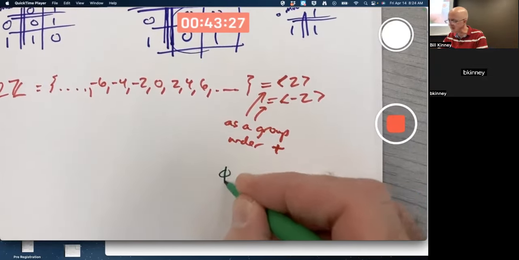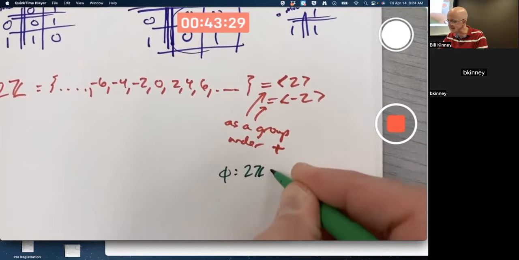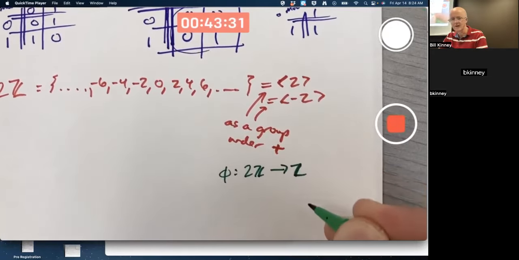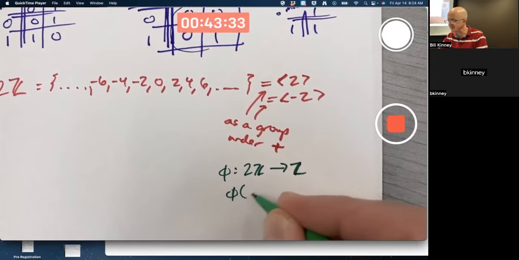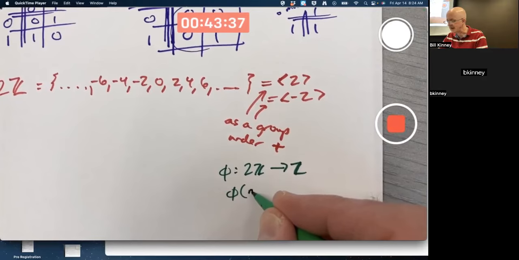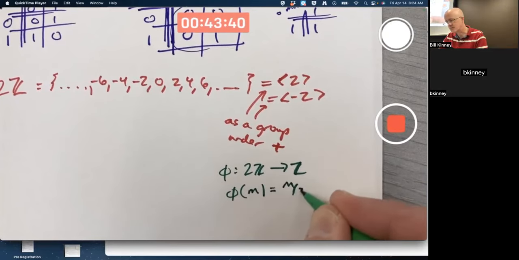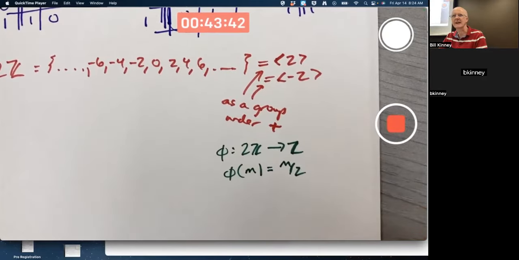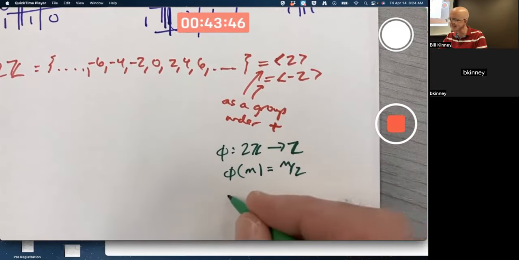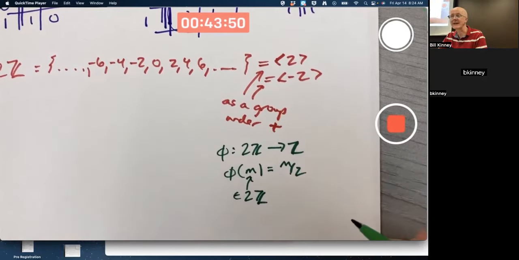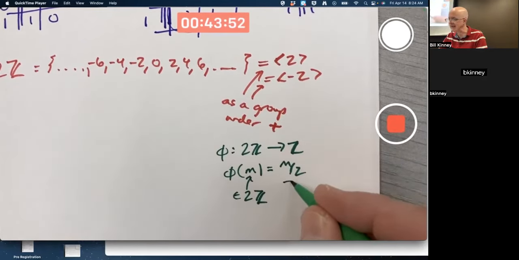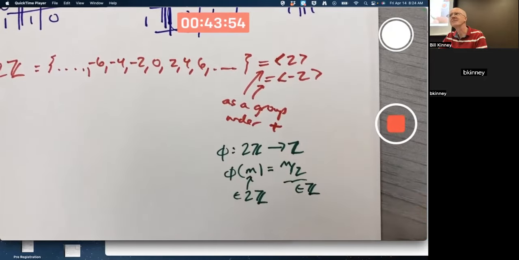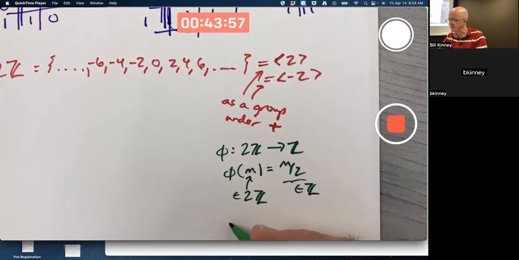An isomorphism from 2Z to Z would be to take each element of 2Z, call it M, and divide it by 2. Wait a minute, can division be operation preserving? M is an even integer here, so I can divide it by 2 and get an integer. Would that be operation preserving?